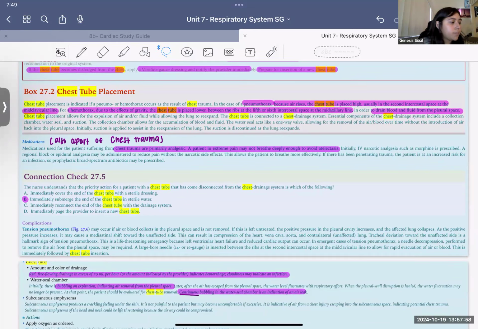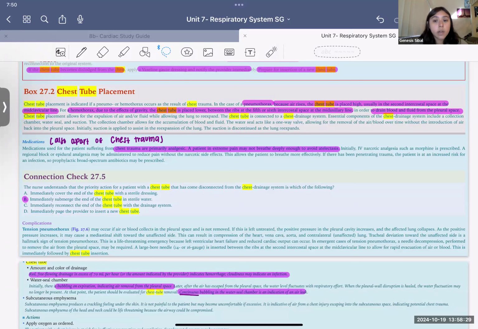Let's see here. Yeah, you can give them pain meds because it does hurt. For hemothorax, it specifically says you want to place it lower, between the 5th and 6th intercostal space. And because of the pneumothorax, because air rises, the chest tube is placed high, usually in the 2nd or 3rd intercostal space of the midclavicular line.